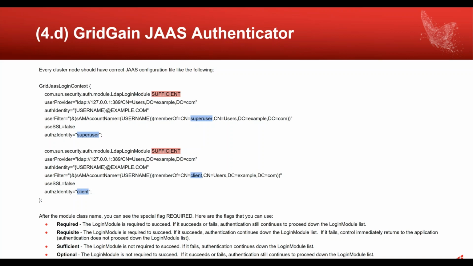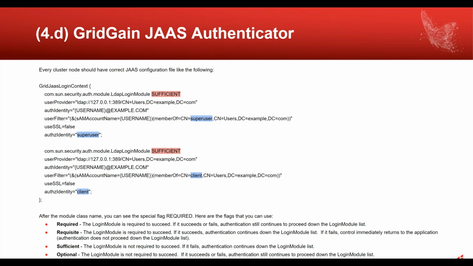And I have a special flag, sufficient, here. It means that I will check my current user for the super user group. If it fails, I will continue and check it for client. If my user has two groups, these permissions will be merged.